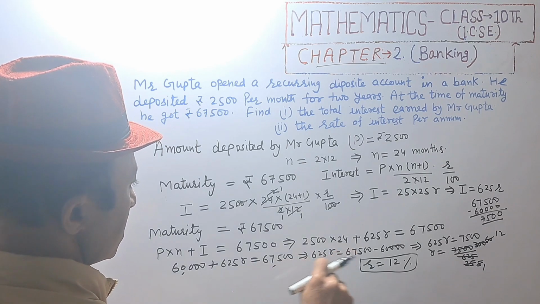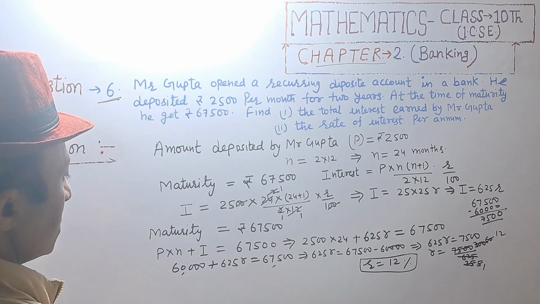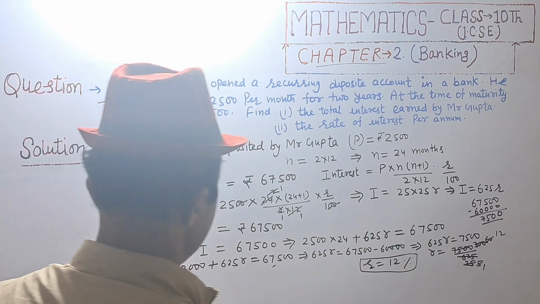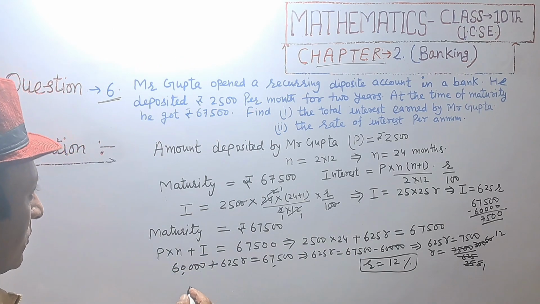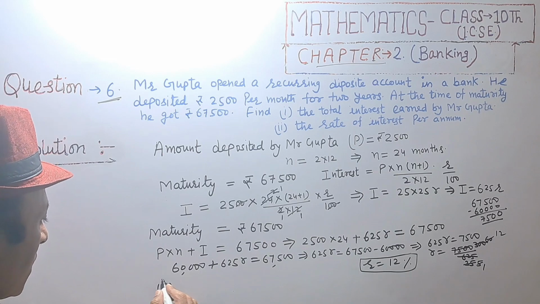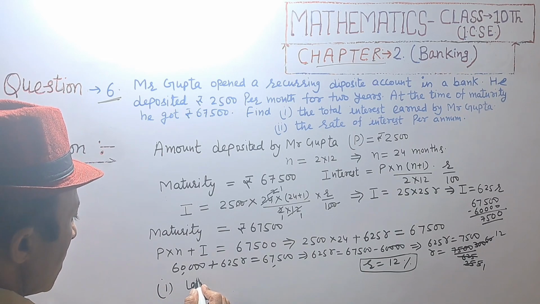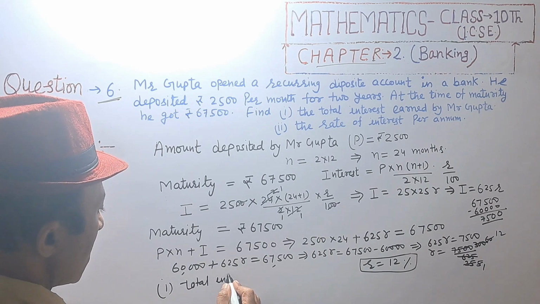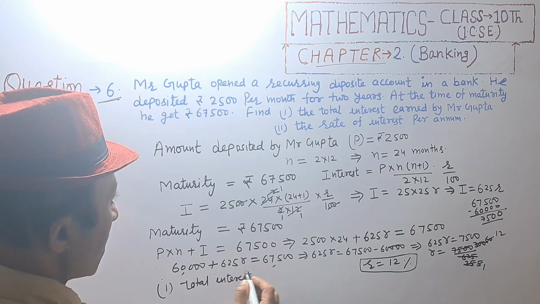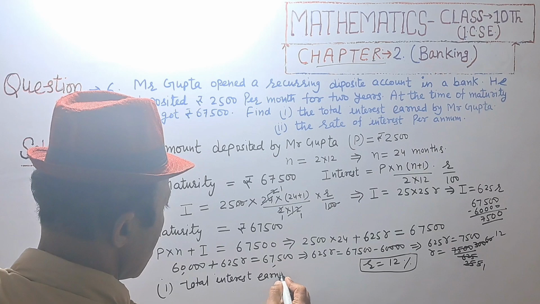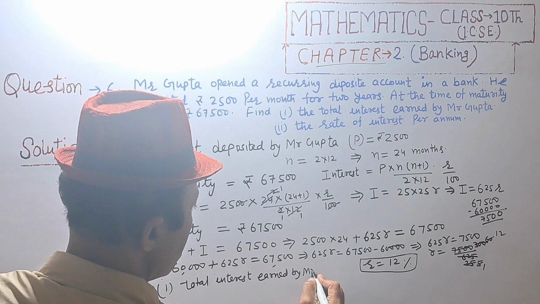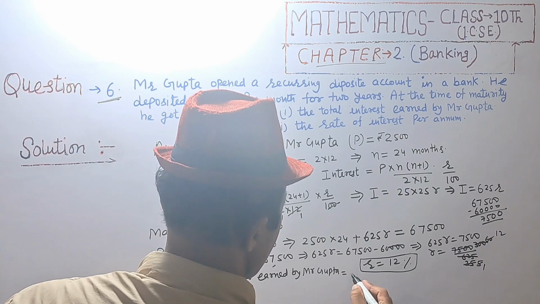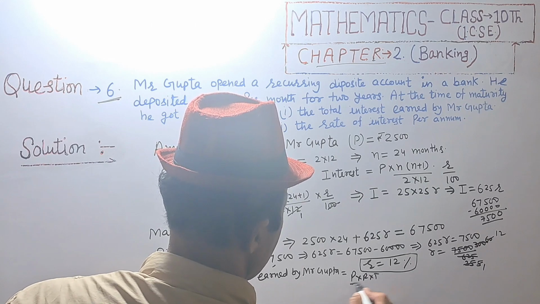And the total interest earned by Mr. Gupta is equal to P into R into T upon 100.